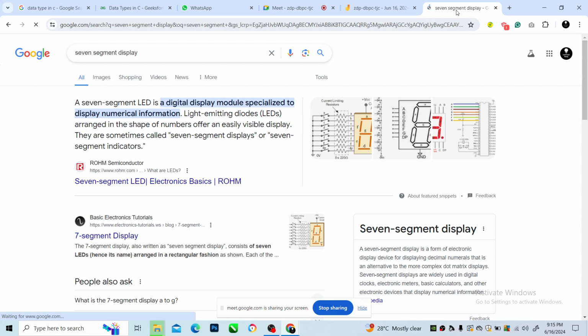Okay, so going back to what we talked about yesterday, there are two basic configurations of this LED based on the arrangement of the diodes inside: the common positive and the common negative. In the common negative, all the negatives are joined together, and you are expected to feed in positive signals to turn on the corresponding individual LEDs.